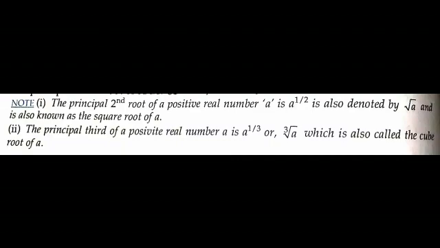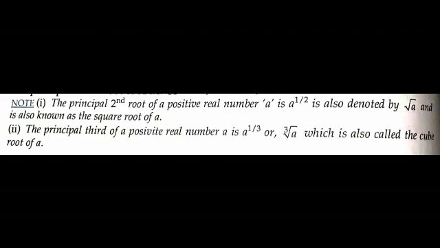In note 2, we have the principal third root of a positive real number a, which is a to the power 1 by 3 or cube root a, also called the cube root of a. The root symbol used in nth root a is called the radical sign.